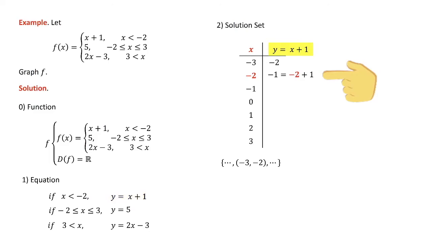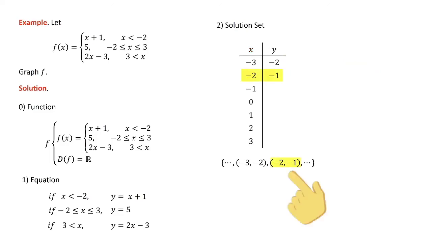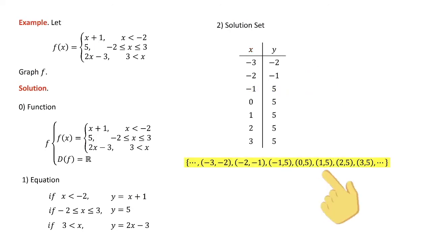That should be 5, so I applied the wrong one. Okay, minus 1. I got the right one here between minus 2 and 3, so the y value has to be 5. So I get this point, and so forth. I get all the points.